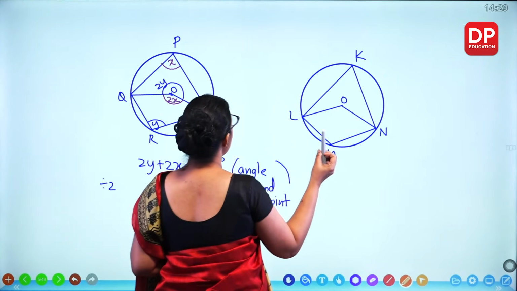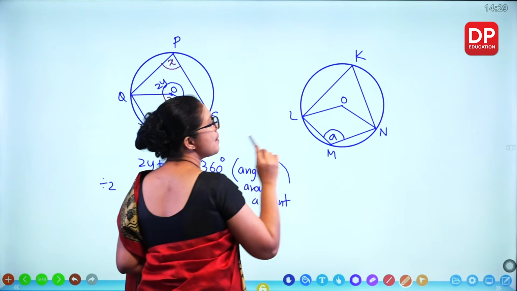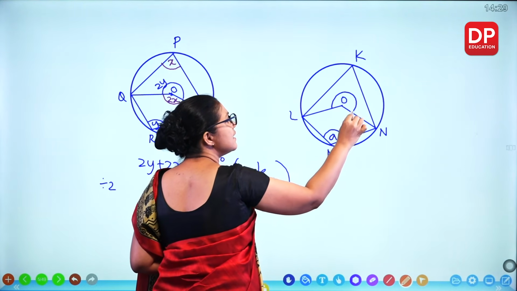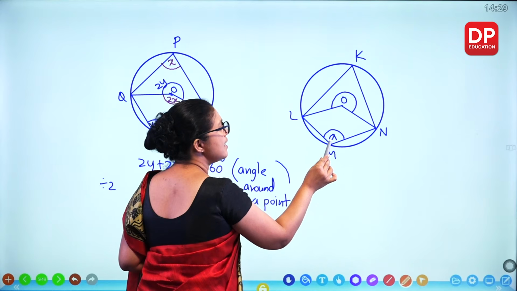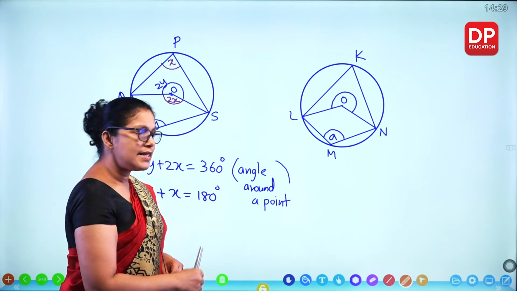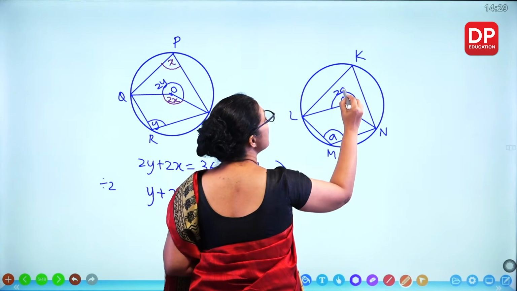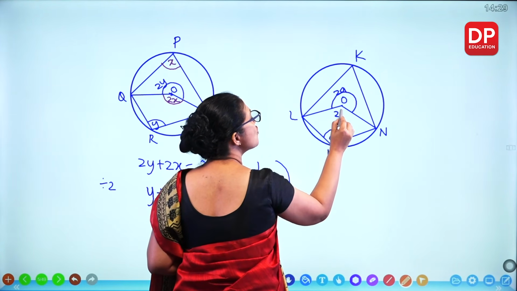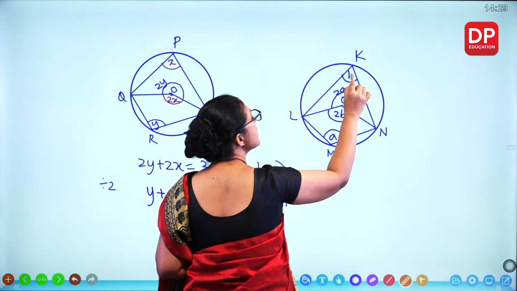If this is A, what can you say about this angle? Angle subtended on the circumference here is half of the angle subtended at the center. So if this is A, this is 2A. Other way around, if this is 2B, this is half of that.